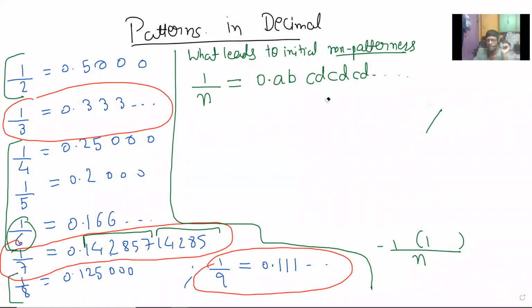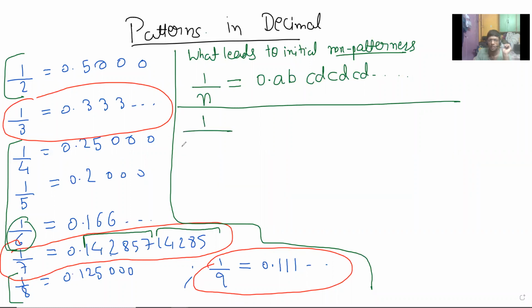Let us take a number like this. Let's say that if I give you something like 1 by 20, 20 you would say directly. Let's say that 1 by 15 times n, some number.